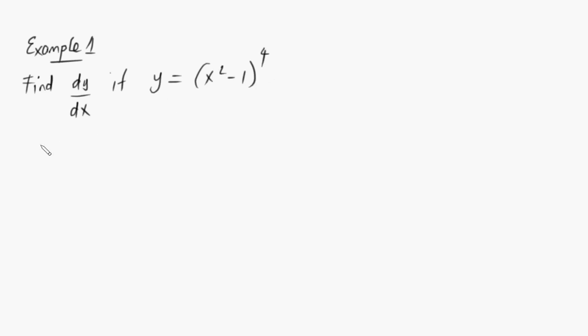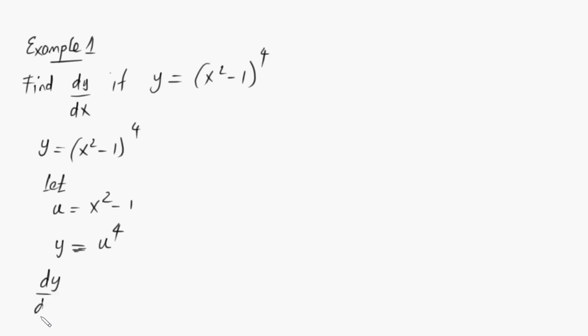Look, from this one, I can let u equals to x squared minus 1. Kwa hiyo y sasa itakuwa sana u power 4. Then I can use the chain rule, which says that dy over dx is just equal to dy du times du dx. Okay, so this one is a chain rule.